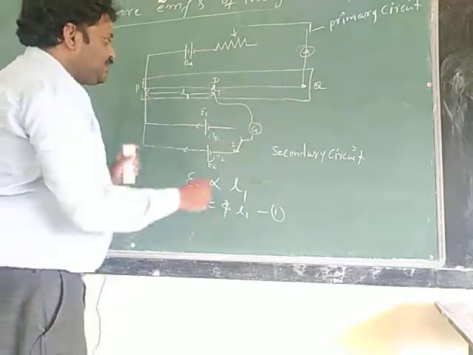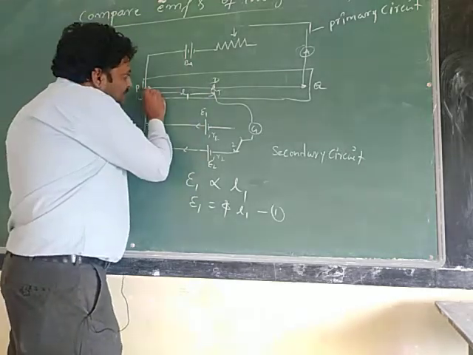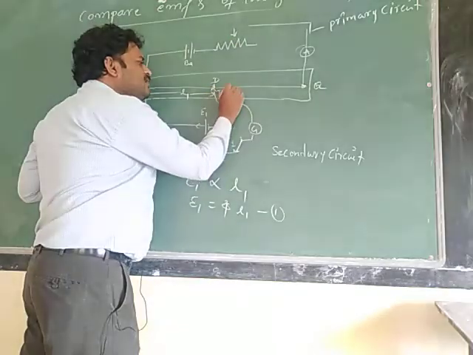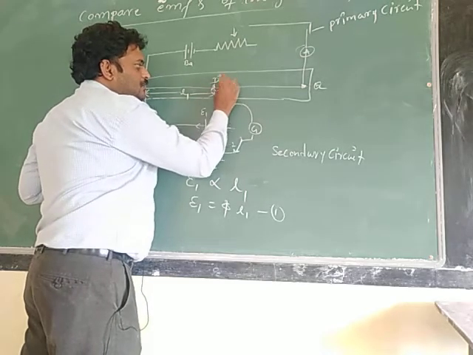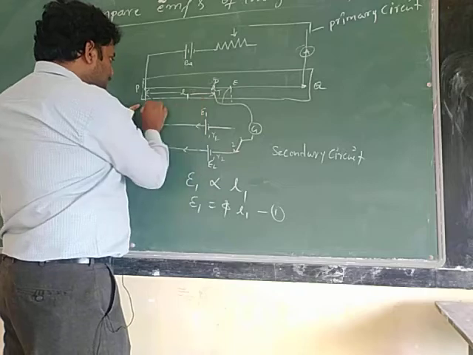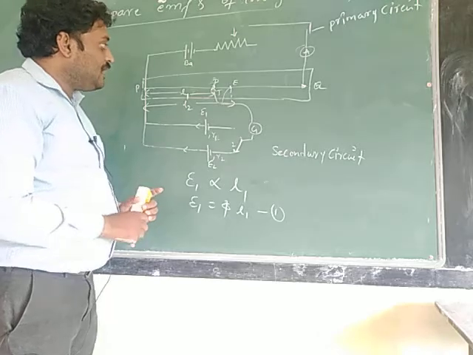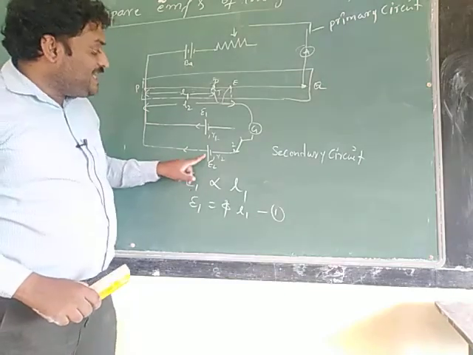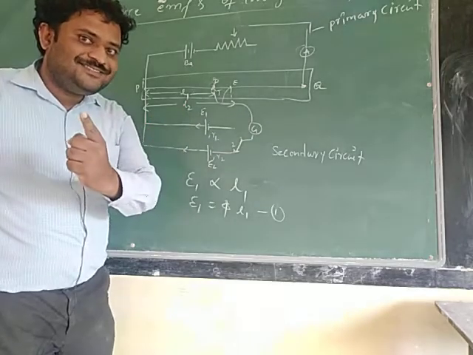While sliding the jockey over the uniform cross section of the wire, it is adjusted such that somewhere, let's say at the point E for the second cell, the balancing length is L2. Now it clearly shows that the EMF of the cell in the secondary circuit is directly proportional to its balancing length L2. Is it clear?